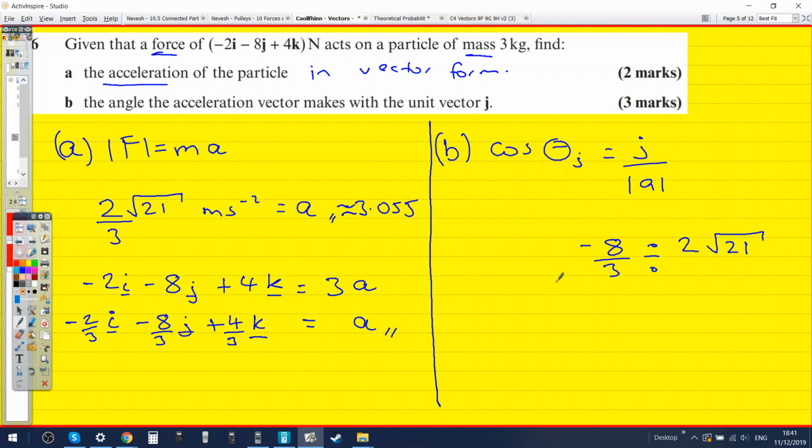Okay. What's next? We're trying to find the angle. Do you find cos theta i? And so how do we get theta?